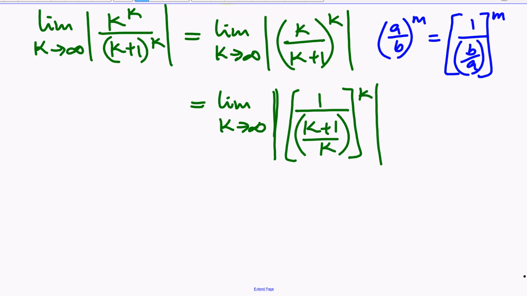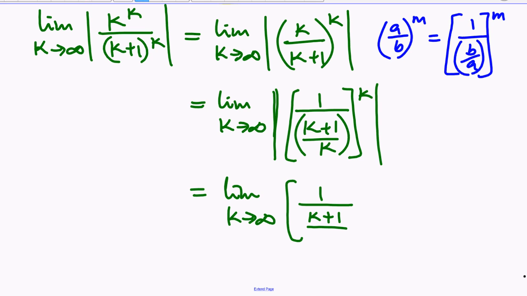That will be equal to the limit as k approaches infinity of, let me just ignore the absolute values so you can see what I mean, k plus 1 over k, which I can simplify to 1 plus 1 over k, all to the power k.